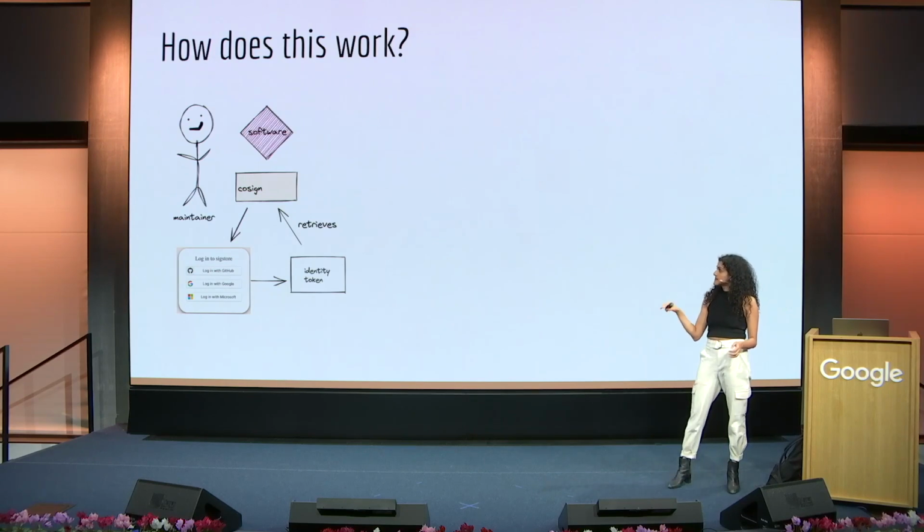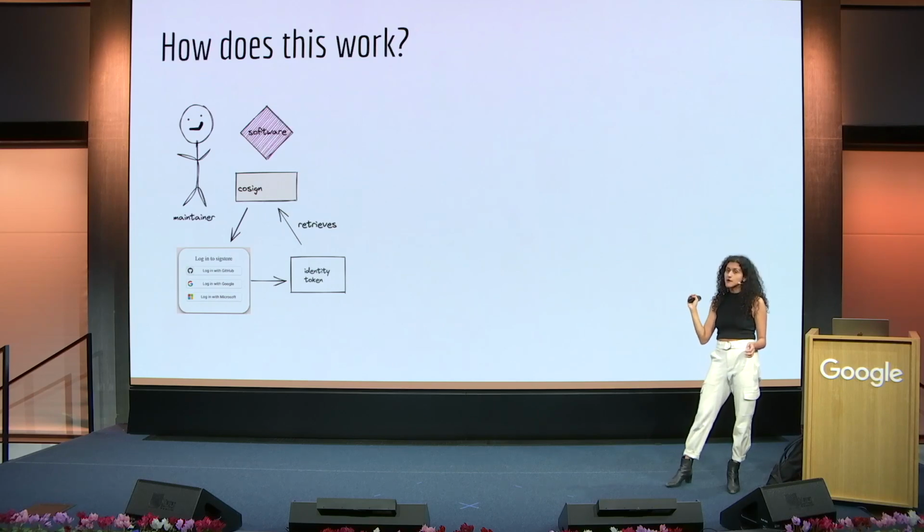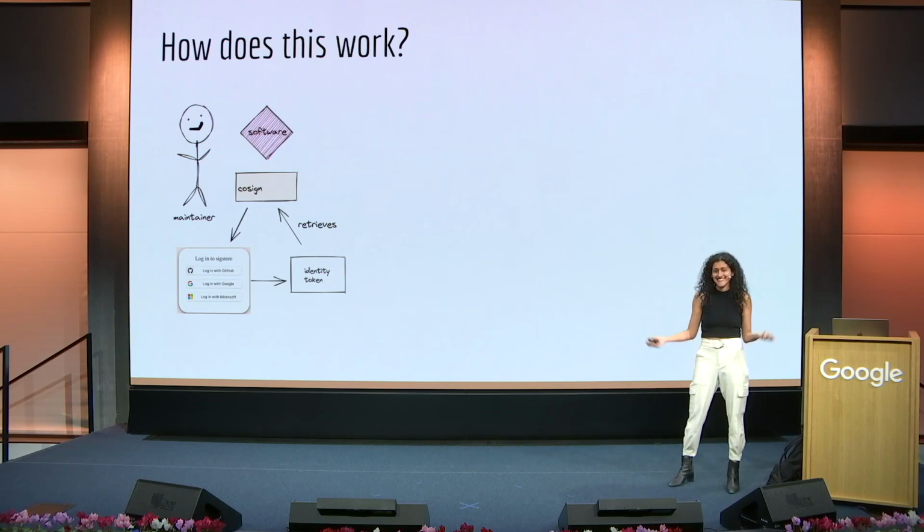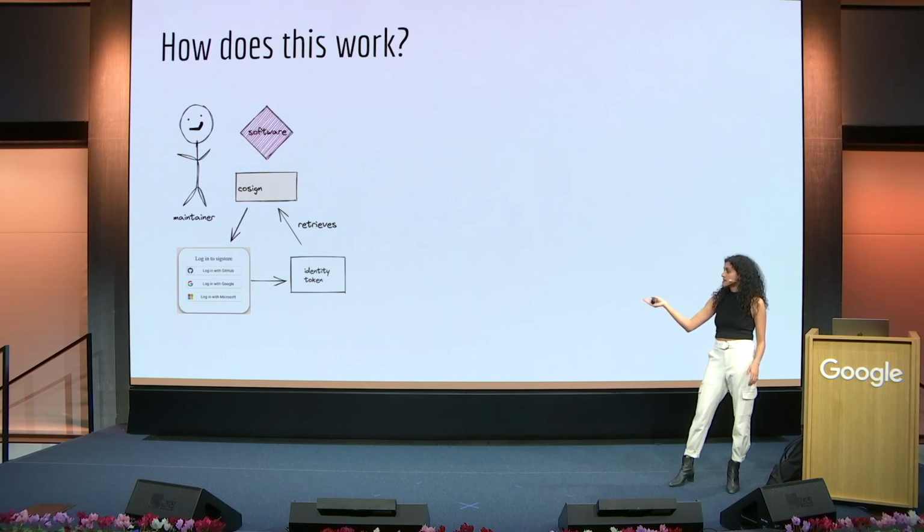Cosign is going to direct the maintainer to this OAuth browser flow, where the maintainer will log in with their email. This is how the maintainer proves their identity. You've probably done this a bunch of times when logging into, like, I don't know, Spotify. So the maintainer will log in with their preferred identity provider, and that identity provider will return an identity token to cosign.